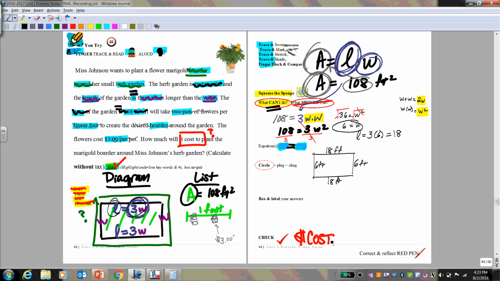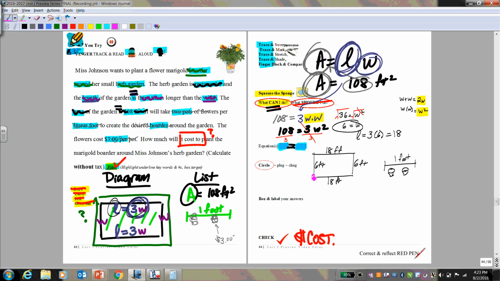Again, our ultimate goal is cost. If something costs, you have to buy something, and we have to buy flowers. For every 1 foot, we need 2 pots of flowers. So we need to figure out how many feet around is, because it's a border.